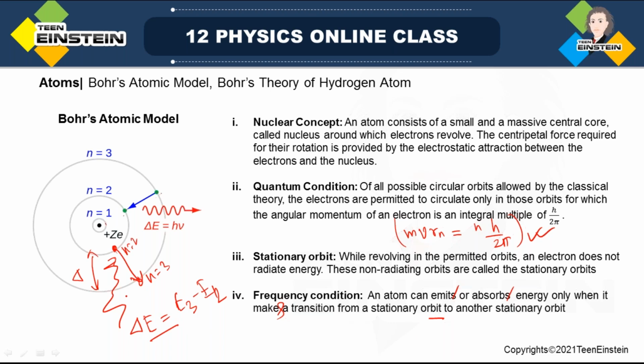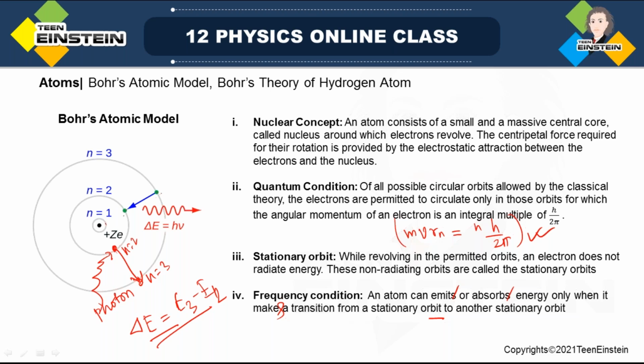If there is a photon which has exactly this much energy, then an electron in the second orbit can absorb this photon and be permitted to go to the third orbit. This is called excited. It is excited to the third orbit.